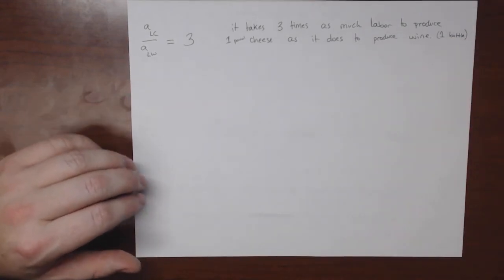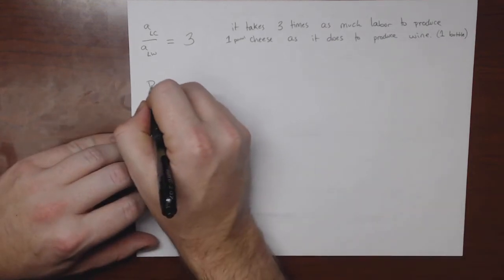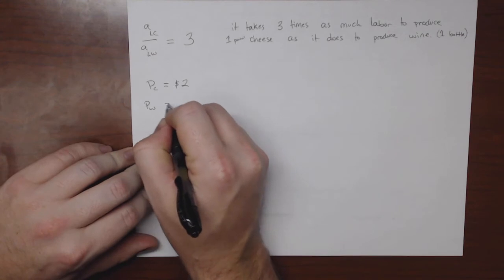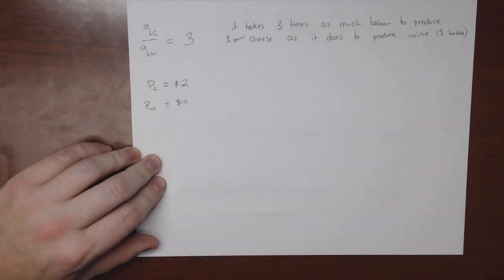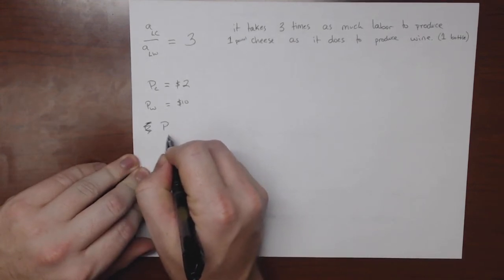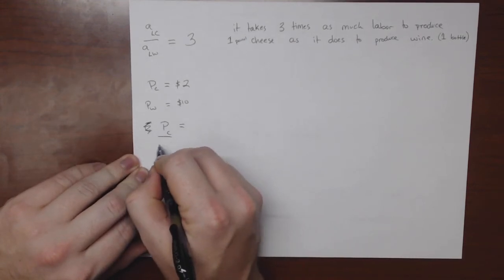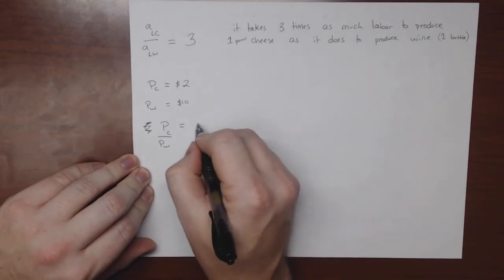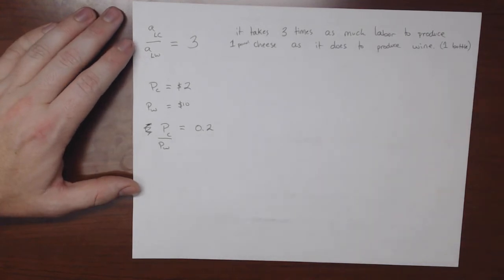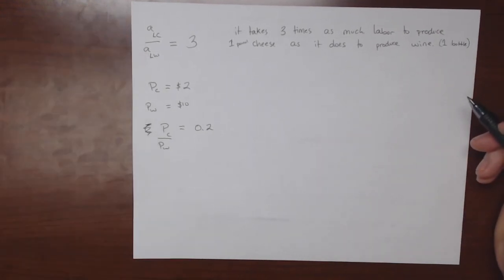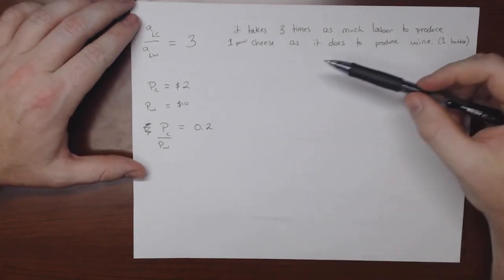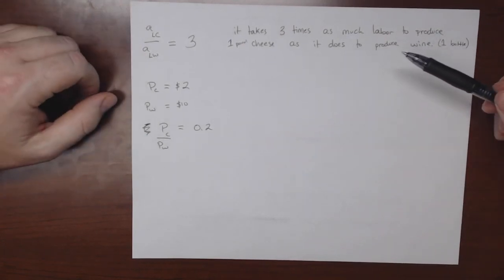Okay, and let's suppose that the price of cheese is equal to $2, and the price of a bottle of wine is equal to $10. So this means that PC over PW is equal to 0.2. Okay, and the 0.2 means that whenever we want to purchase wine, we have to give up buying 5 pounds of cheese.